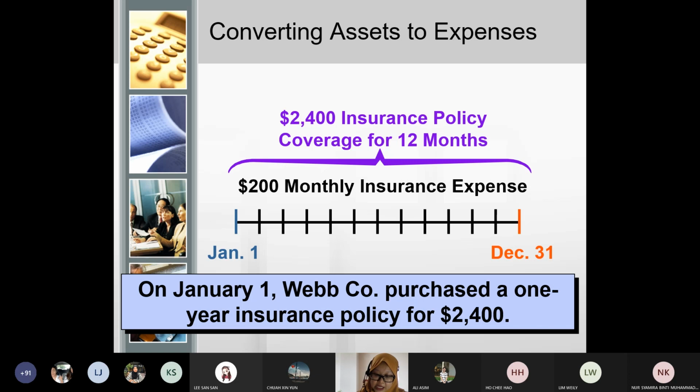So each month we have to reflect that insurance expense is 200, because 2,400 divided by 12 months. So the monthly insurance expense will be 200.